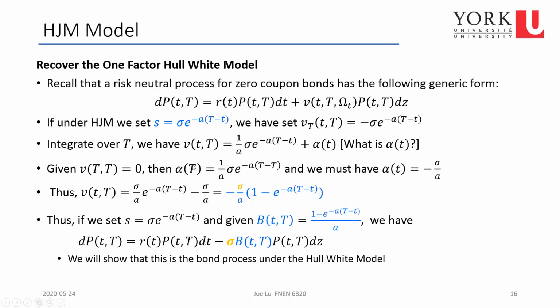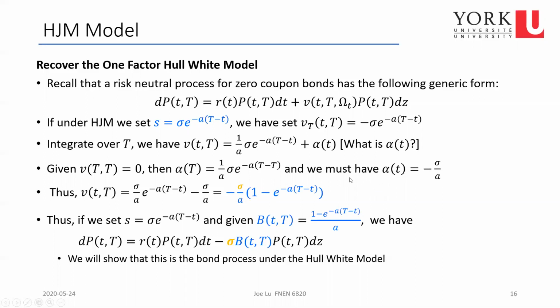So then this thing must be 0 when little t is big T, which means this alpha t when t is big T must be 1 over a, sigma times e to the power minus a (T minus t). So therefore, this part is 0, and then e to the power 0 is 1, so you have minus sigma over a.